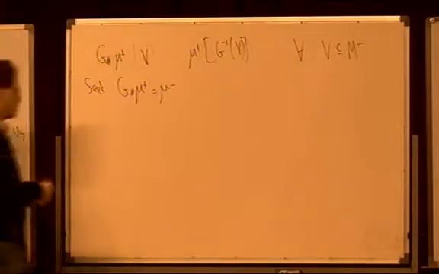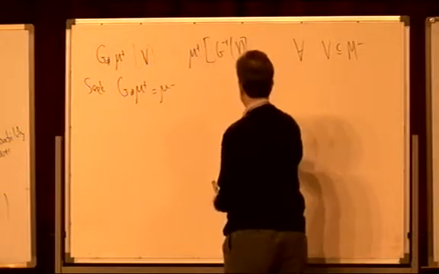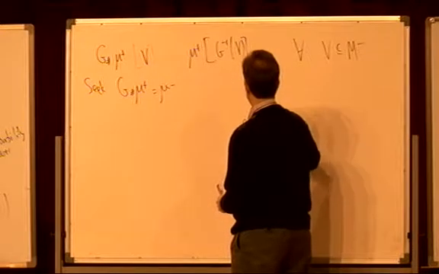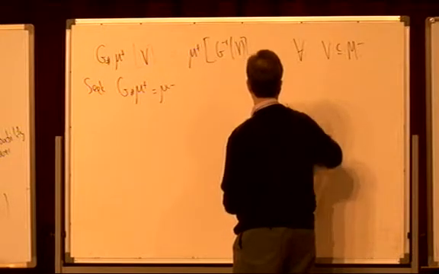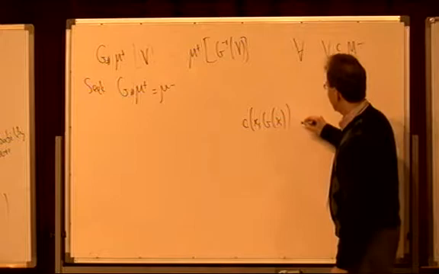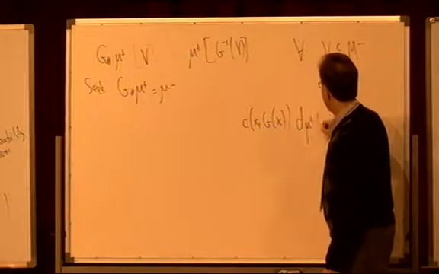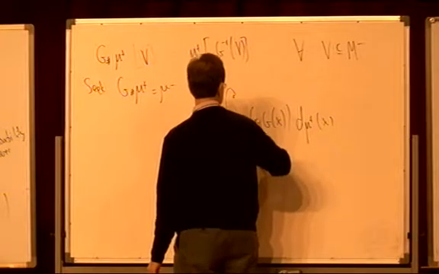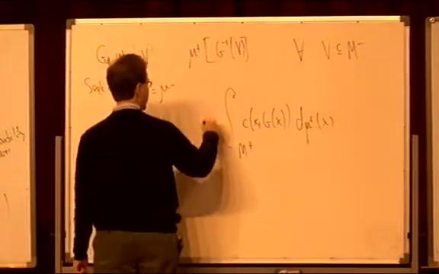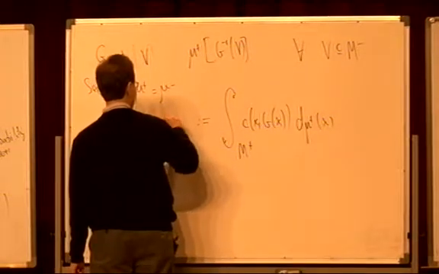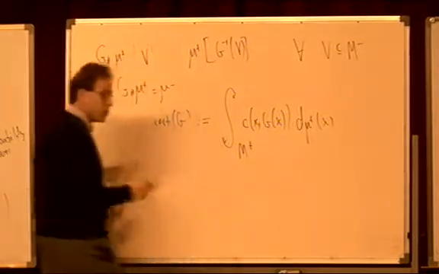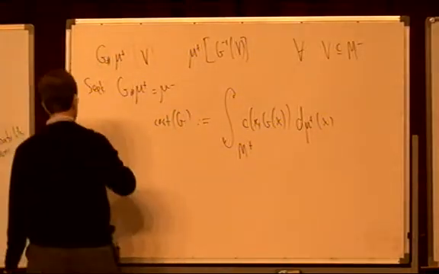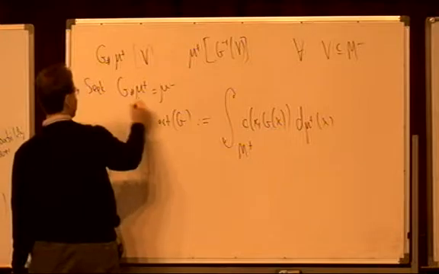So I look at the cost of transporting from X to G of X, and then I weight that by the amount of stuff being produced at X. And this would be the cost associated with G. And Monge's problem was to try to minimize this cost among all G doing this.